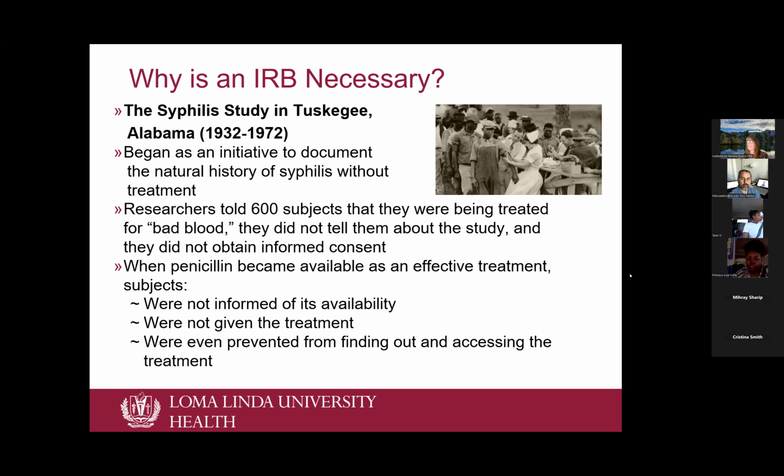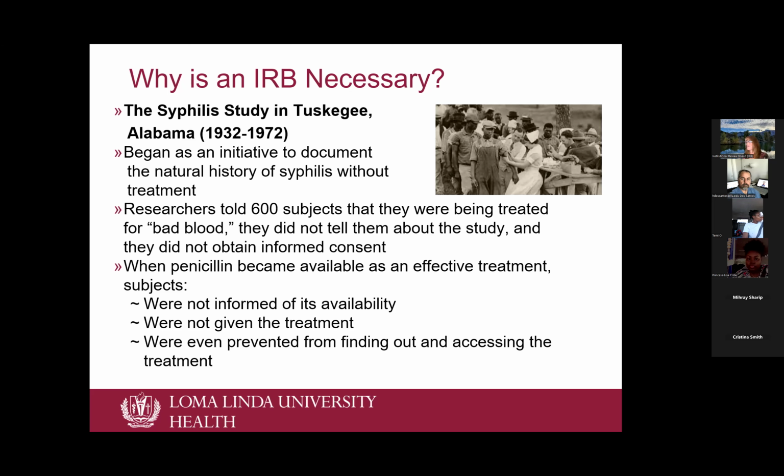Then we had the study that took place here in the US, a syphilis study in Tuskegee, Alabama. This study lasted about 40 years, and it began as an initiative to document the natural history of syphilis without treatment. Within this project, they recruited about 600 subjects. Out of those 600, about 400 had the disease and 200 did not.